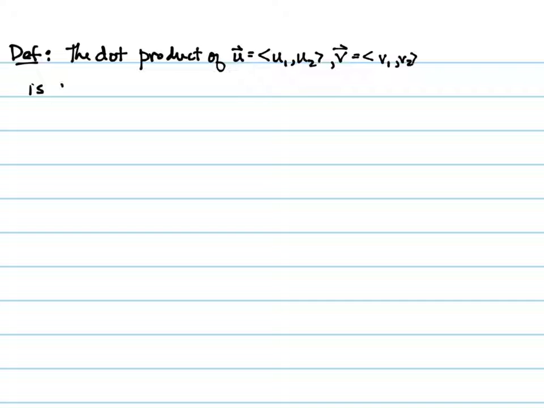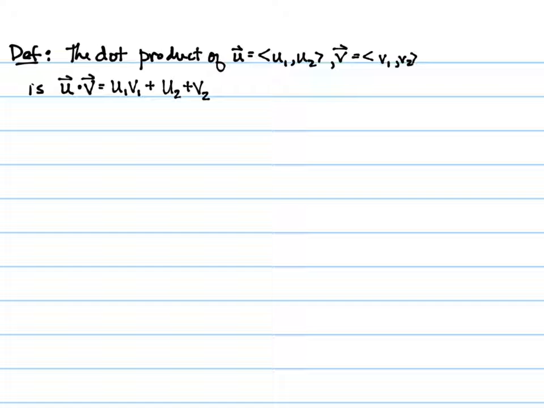So it is u dot v, and what we do is we take each of the components and we multiply them by one another. So u1 multiplies by v1, u2 multiplies by v2, and then we take their sum.